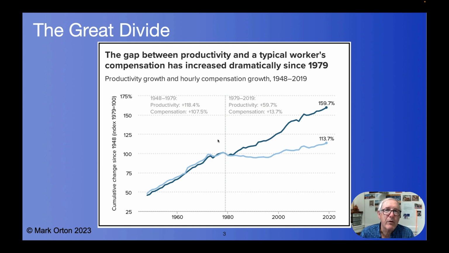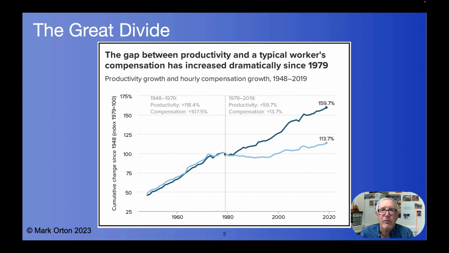So workers kept their share of output. Just before we move on, we might note that I would not argue that the income distribution was ideal at that point. There were considerable inequities in the economy, but nothing like what has occurred since the divide.